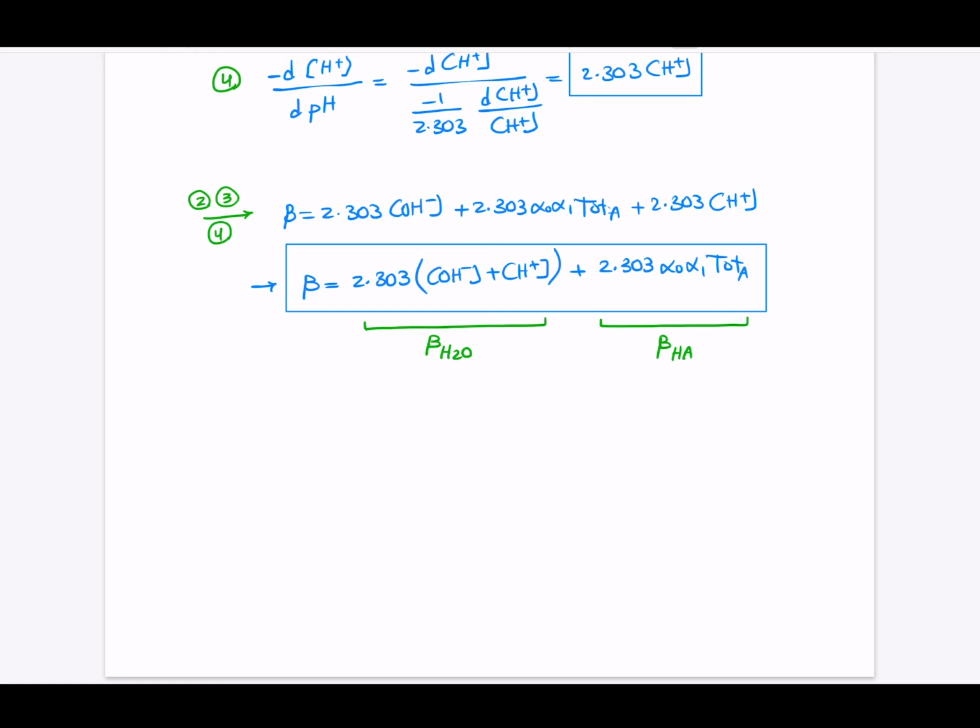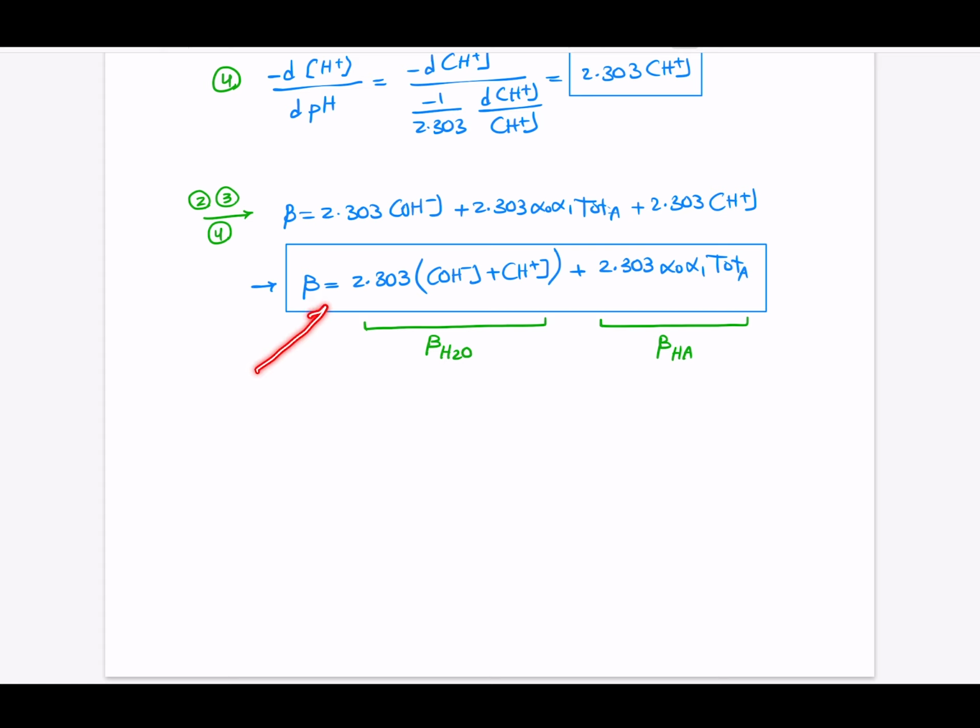So if you're given the type of acid, that means you have the Ka value and you have the total concentration of the acid. At any point of pH, now you can calculate beta without having the titration curve, right? Initially, we had a titration curve. We were doing this mathematical operation for point to slope and minus 1 over the slope.